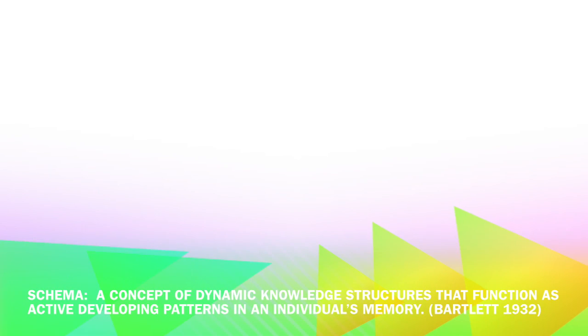Schema is a concept of dynamic knowledge structures that function as active developing patterns in an individual's memory. It is an active organization of past reactions or experiences which always are supposed to be operating in any well adapted or organic response.